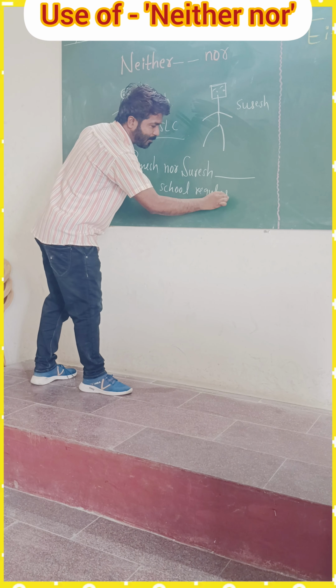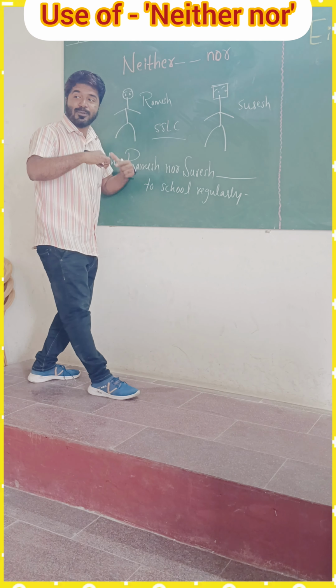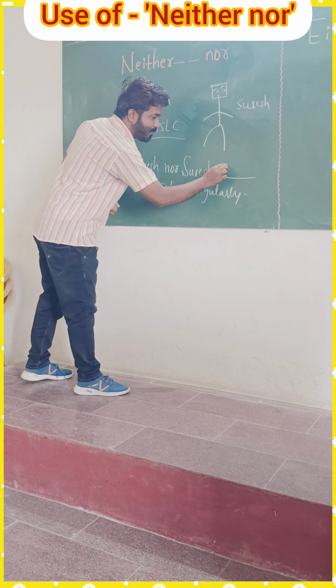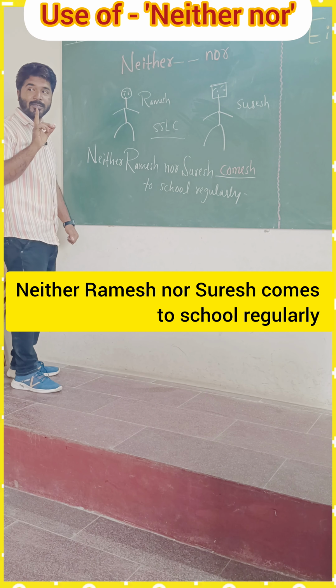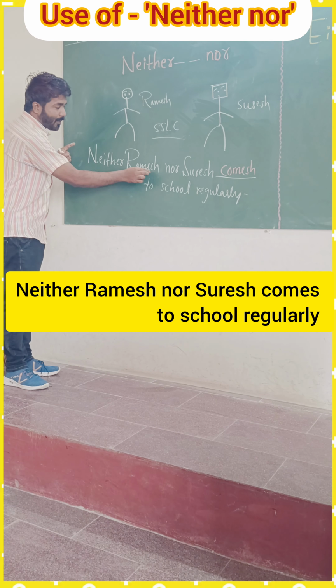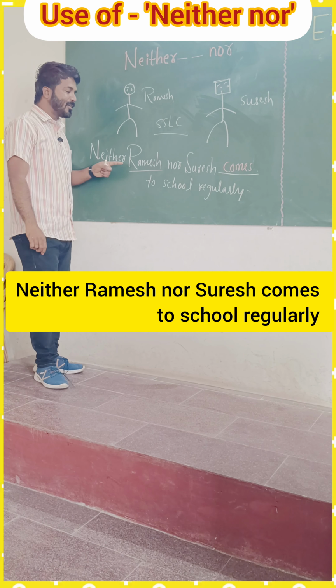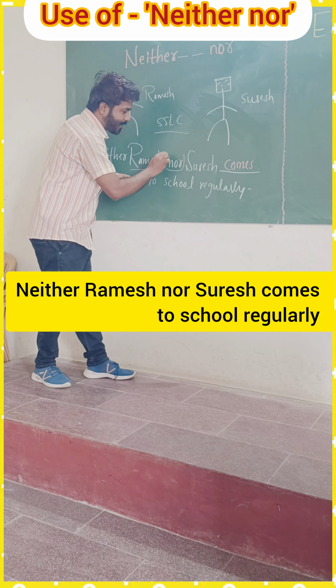Now I'll give option. Come to school regularly or comes to school regularly? Come or comes? Comes. Very good. Remember, here two nouns. How many nouns are there? Two nouns. Ramesh, neither Ramesh nor Suresh. I'll highlight conjunctions.